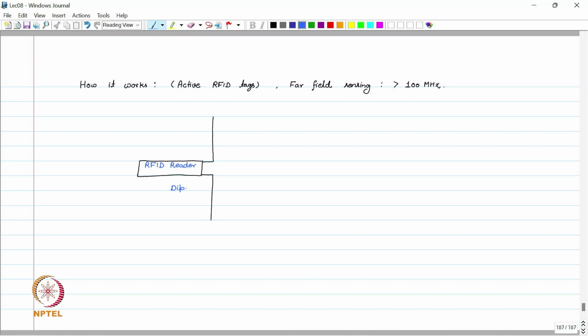This is a simple dipole antenna. This dipole antenna converts the electrical signal into an electromagnetic field, and this electromagnetic field goes out in terms of RF waves.